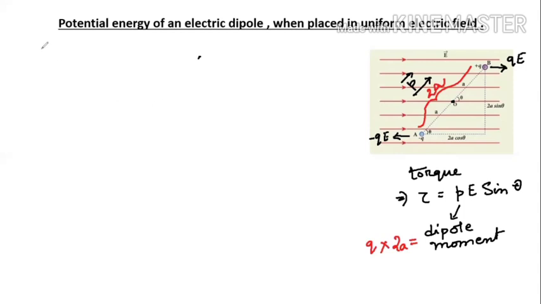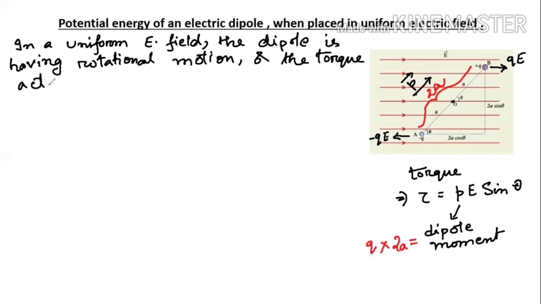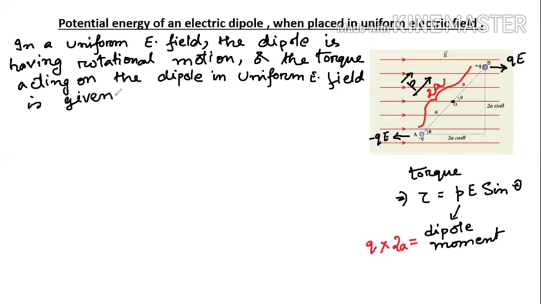So we had already stated that in a uniform electric field, the dipole is having rotational motion, and the torque acting on the dipole in a uniform electric field is given by tau equals pE sin theta.